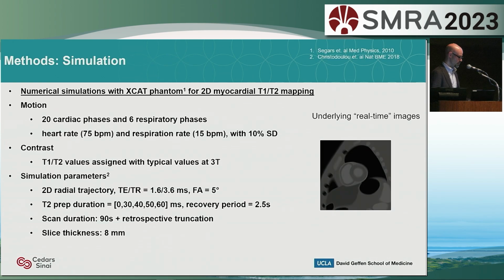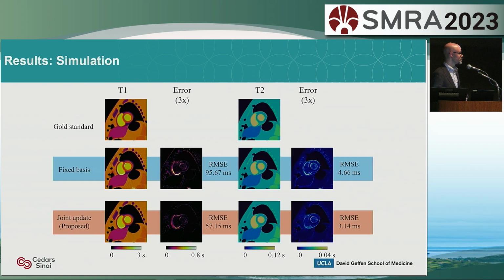So the first step was to do some numerical simulations. So he used the XCAT Phantom with 20 cardiac phases and 6 respiratory phases, some heart rate variability, some respiratory variability, and then simulated the sequence that we use in practice for T1, T2 mapping. These are the results of the simulation.